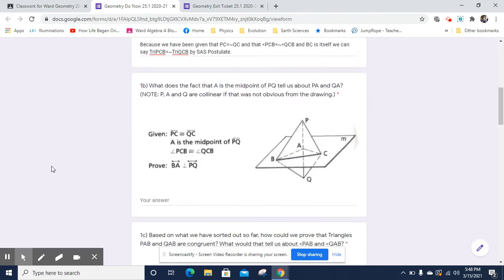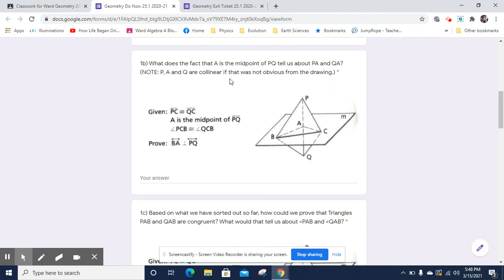All right, so the fact that A is the midpoint of PQ tells us about PA and QA. Well, it tells us that PA and QA are the same. And earlier, I noted that PB and QB are congruent.